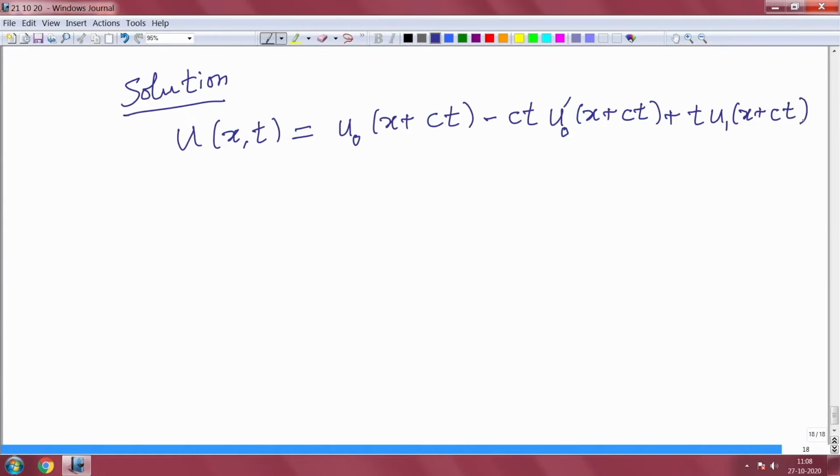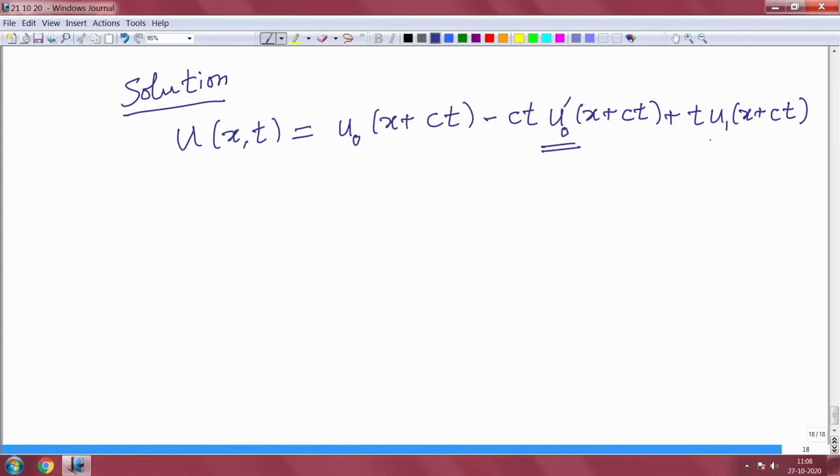So, if you compare this form of the solution with D'Alembert's formula, you see a big change here. First of all, in D'Alembert's formula, no derivative of the initial conditions appeared, but here the derivative of the initial condition appears.